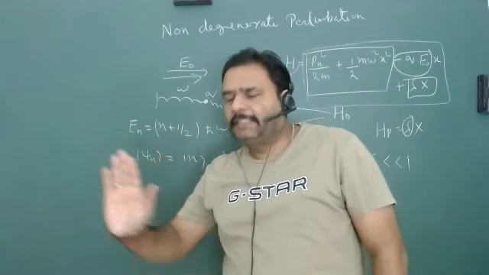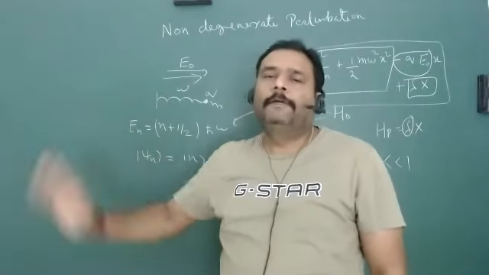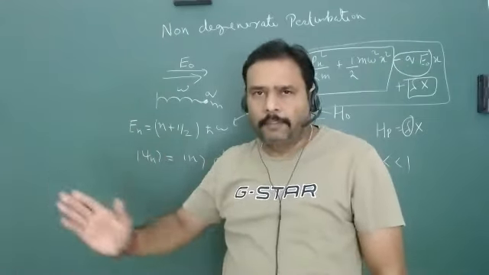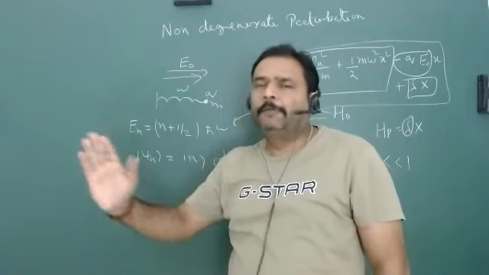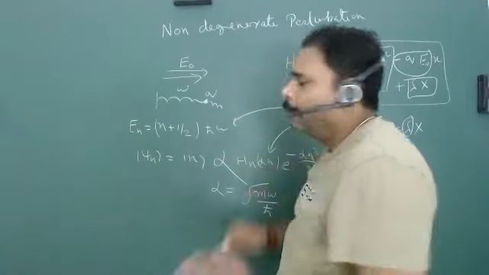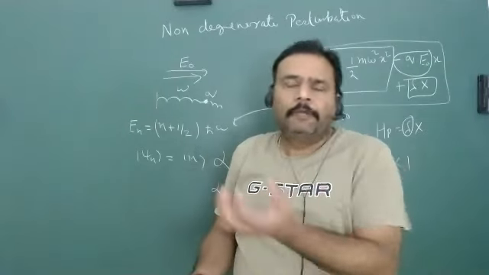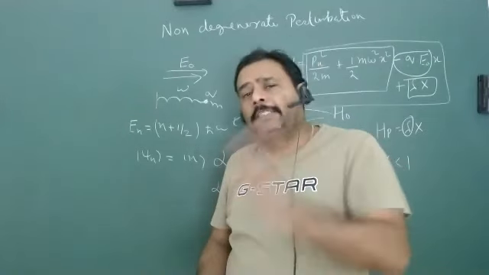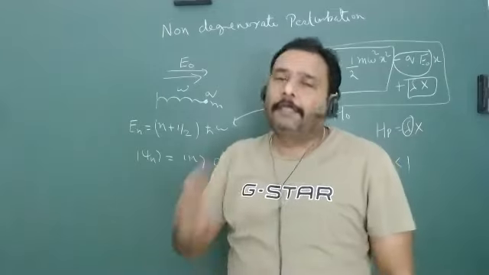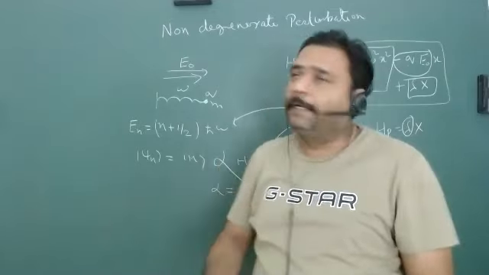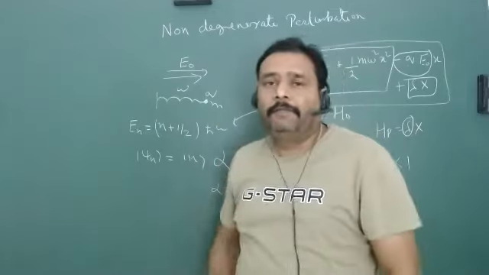Maybe it can just shift its equilibrium point, or it may shift its equilibrium point and vibrate about some other point. Maybe it can shift some angular frequency, but the actual thing, it remains a harmonic oscillator. But what will happen if I increase the electric field very high?